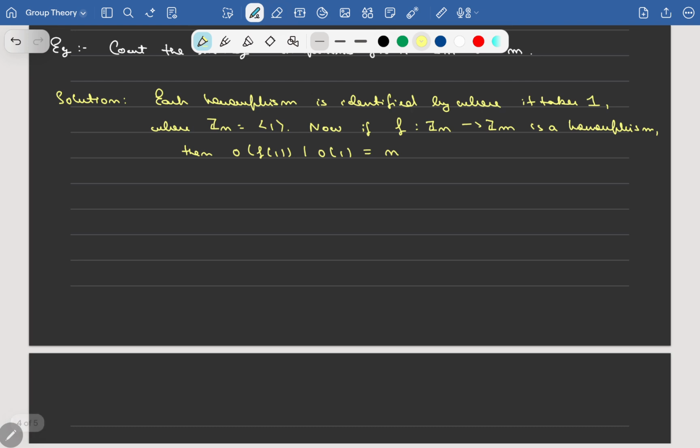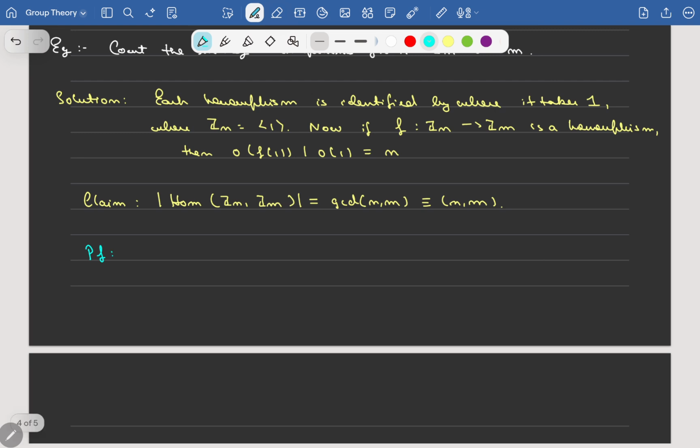So claim: I will be claiming that the cardinality of the number of homomorphisms from Zn to Zm is actually the GCD of n and m, which I typically write just as (n, m). So we are going to get to a detailed proof of this. So proof.